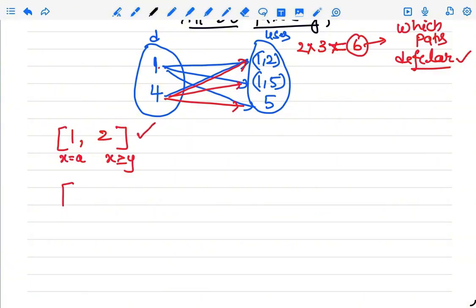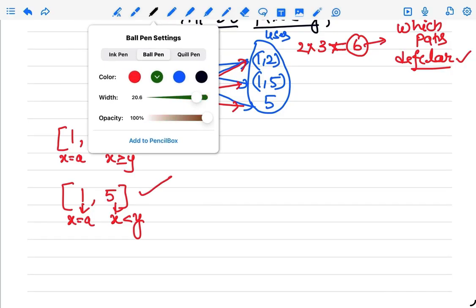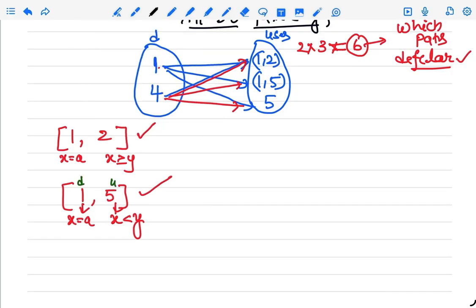Next is 1 comma 5: x less than y is the use, and this is the definition. This is also a valid path. So this one is completed.